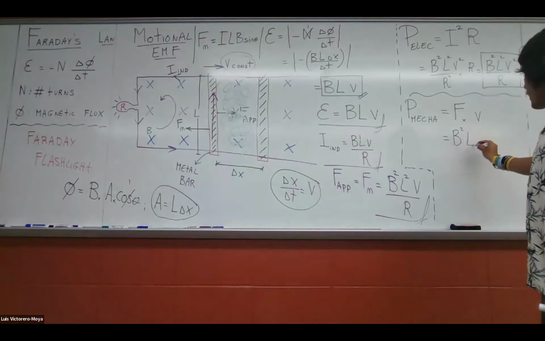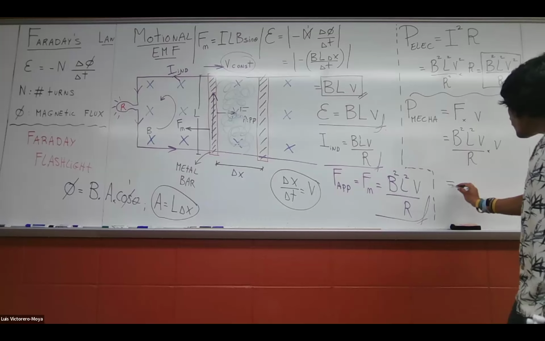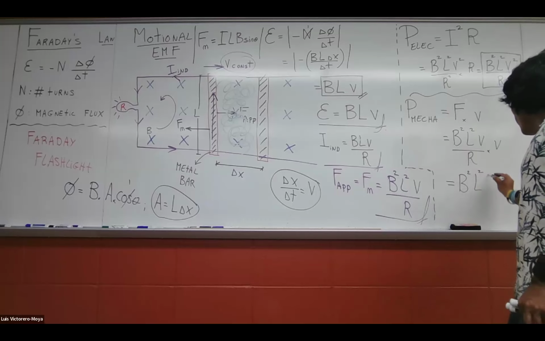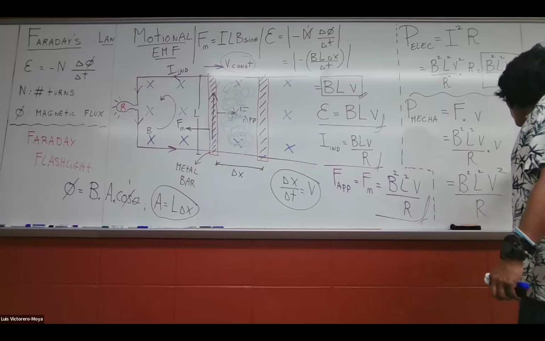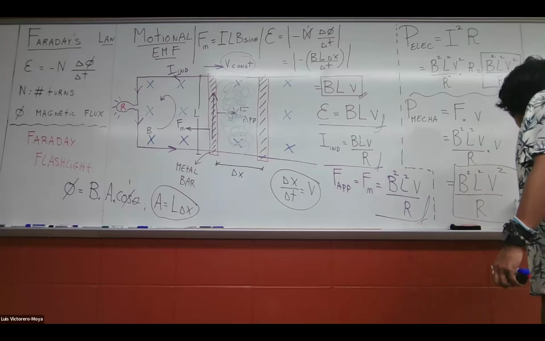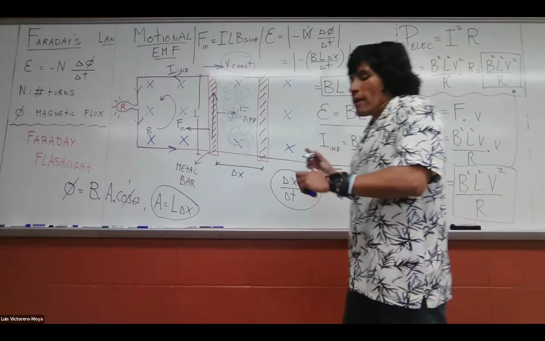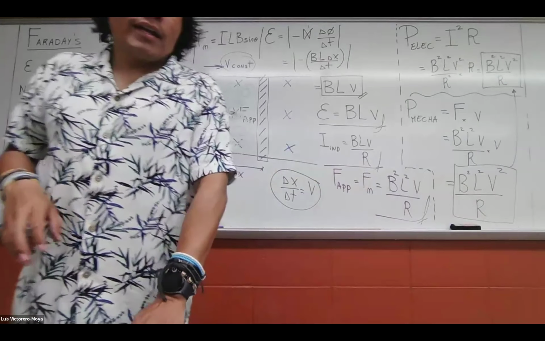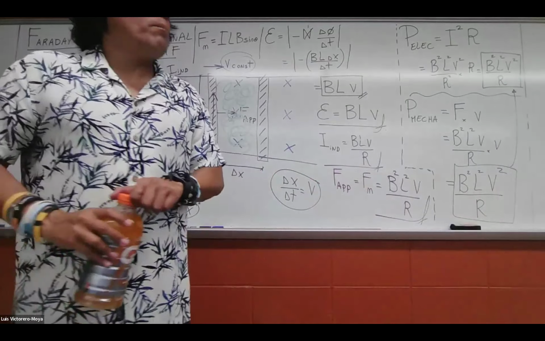B squared, L squared, V divided by R, times V. I get B squared, L squared, V squared divided by R. So this equation is the same as this. What I just showed you guys is that the mechanical power is identical, in theory, to the electrical power.